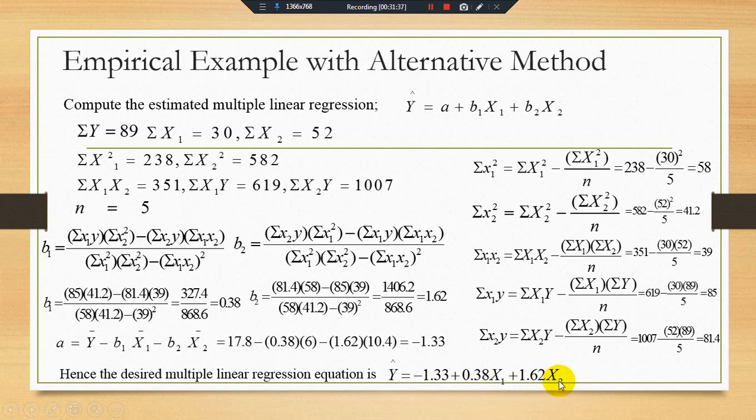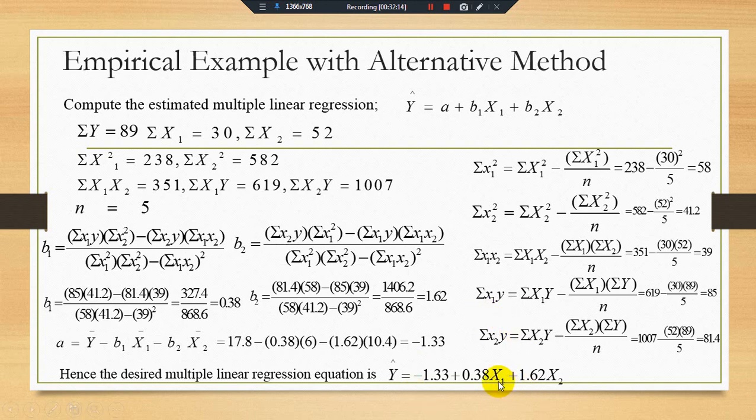So the main part starts from here, the interpretation point of view. If x1 and x2 are equal to 0, then a minus 1.33 unit change occurs in y, and if x2 is equal to 0, then 1 unit change in x1 brings 0.38 unit change in the dependent variable y.